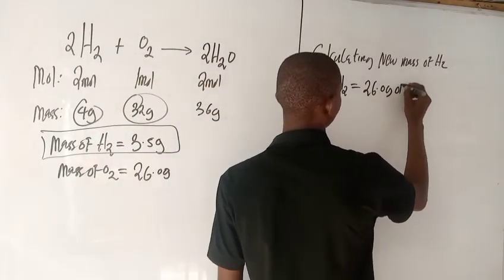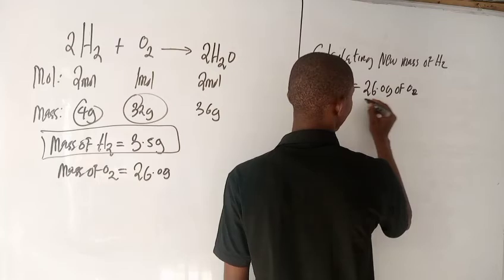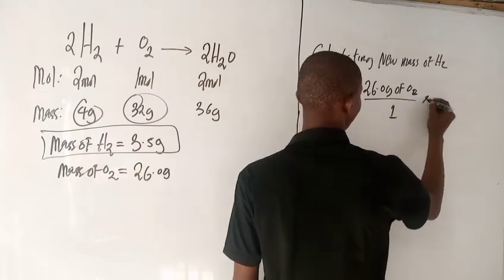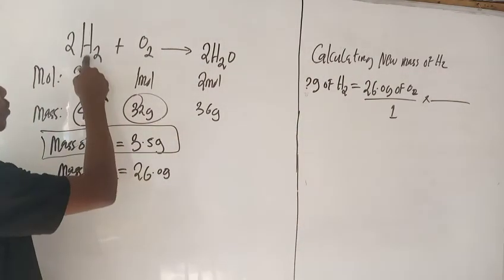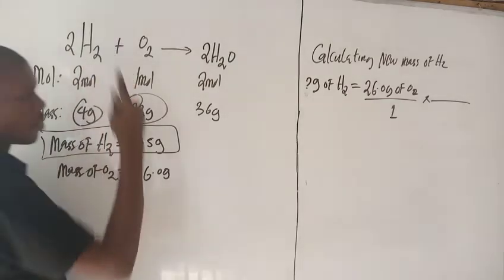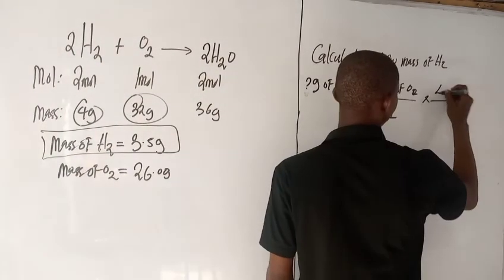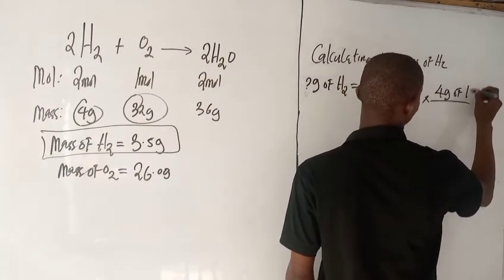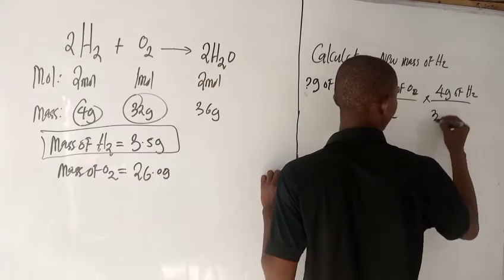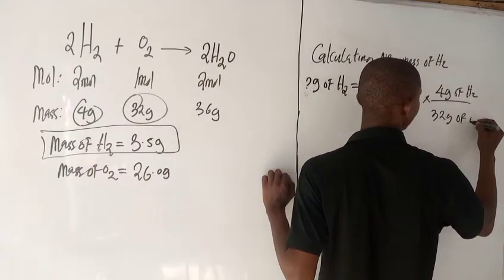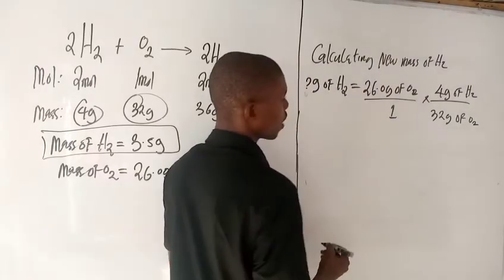Here we have 26.0 gram of O2 over 1, times. Remember, we are using these two here, right? Because we are calculating the mass of hydrogen here. So here we have 4 gram of H2 over 32 gram of O2. You get? So what will happen here?